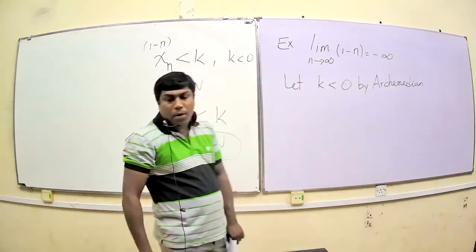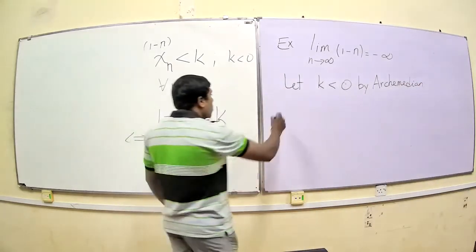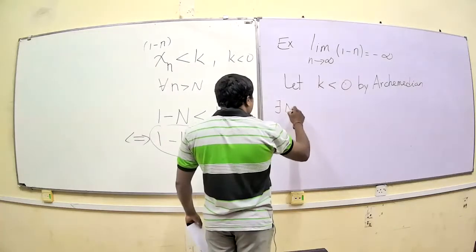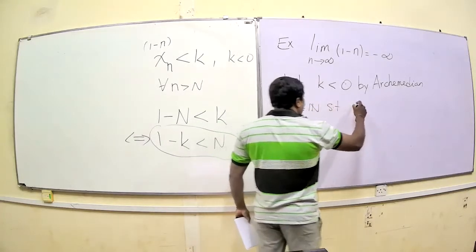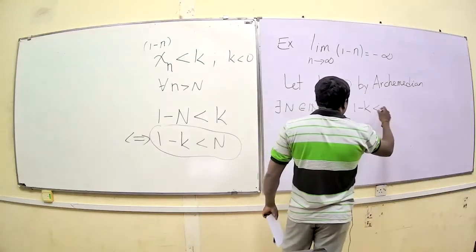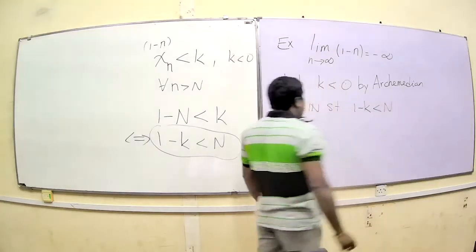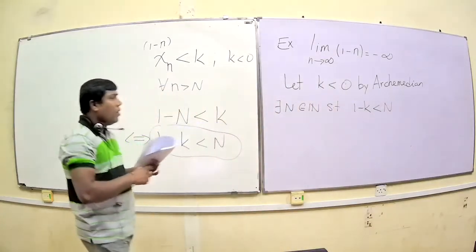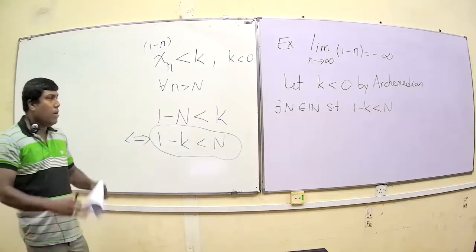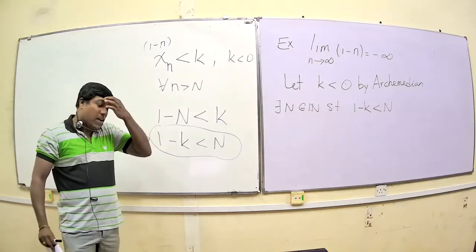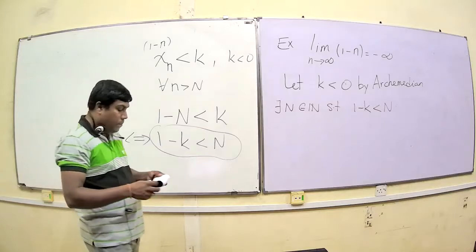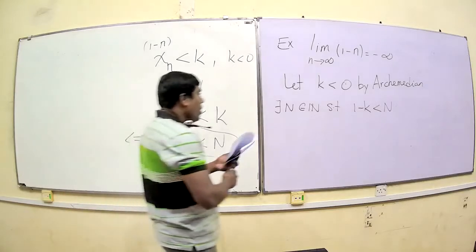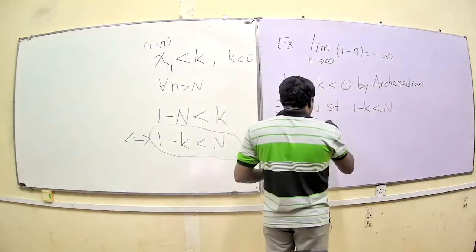Then by the Archimedean property, you know that there exists a natural number N such that 1 minus k is less than N. Because k is negative, 1 minus k is positive, so you can always find a natural number larger than that.